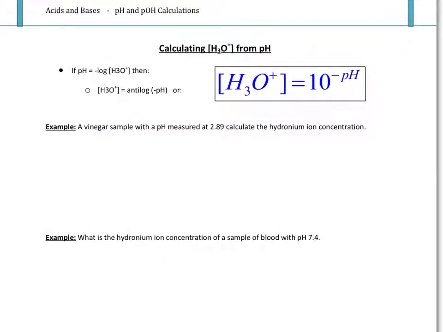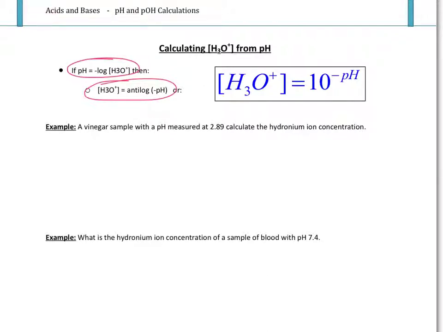Let us now work in reverse. Let's calculate the hydronium ion from the pH. So let's flip it. What if we're given the pH and we've been asked for the hydronium ion concentration? Well, if pH is equal to negative log of H3O positive, then H3O positive will be equal to the antilog of negative pH. We just simply do the reverse.